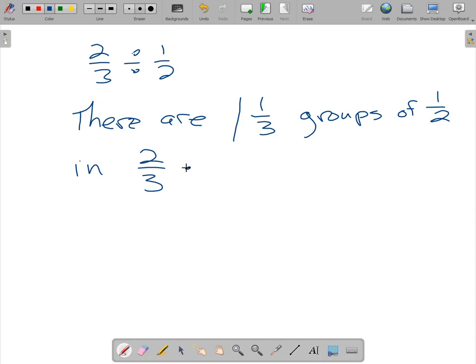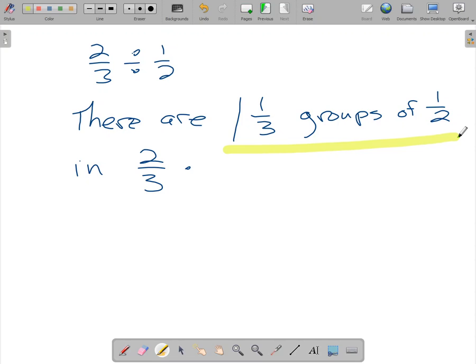So just for fun, check this out with me. What does this phrase right here mean to you? 1 1/3 groups of 1/2. Groups of, what does that usually remind you to do?